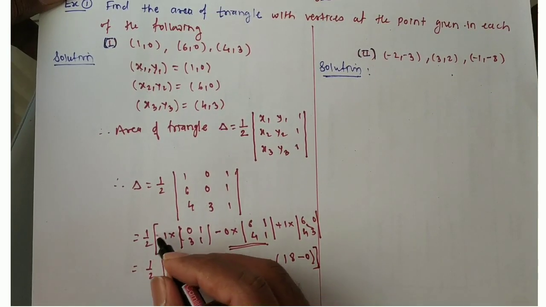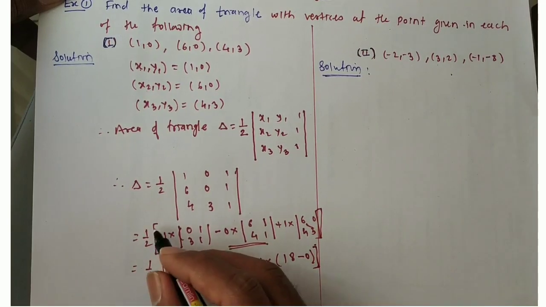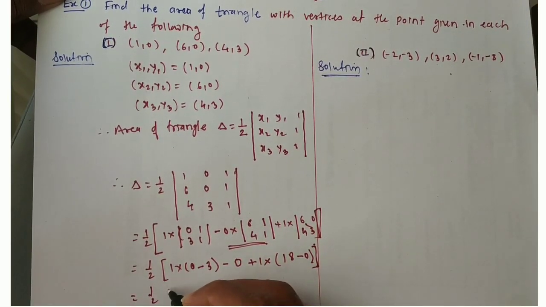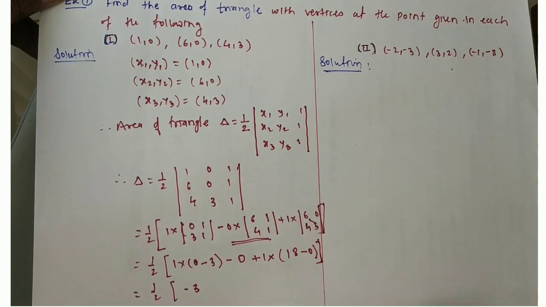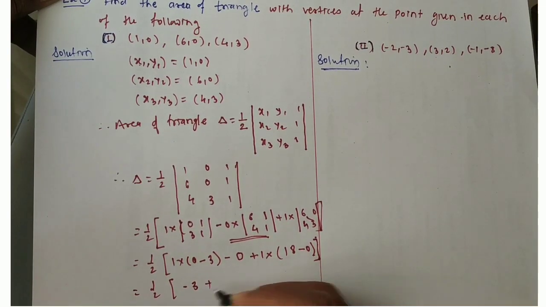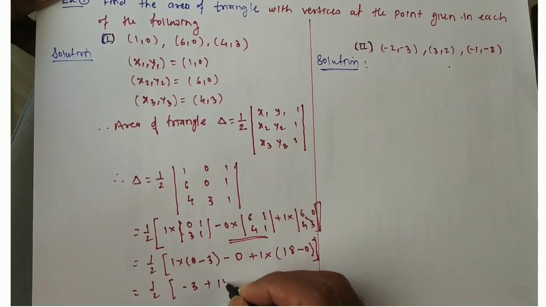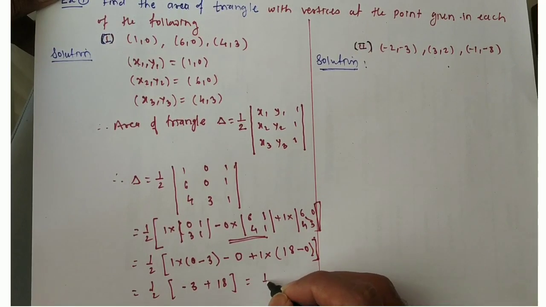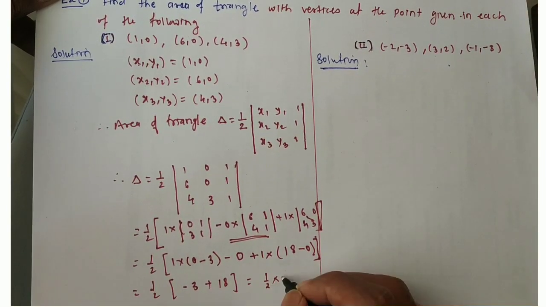So this equals 1 by 2 times (0 minus 3 is minus 3, and plus 18 minus 0 is 18). So 18 minus 3 is 15.